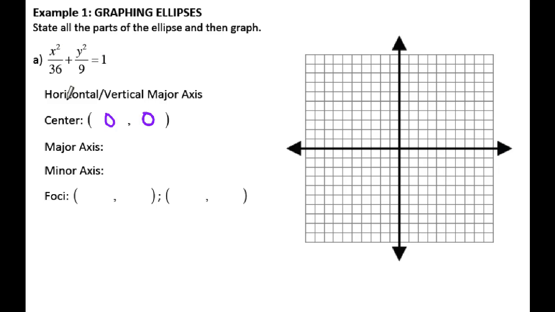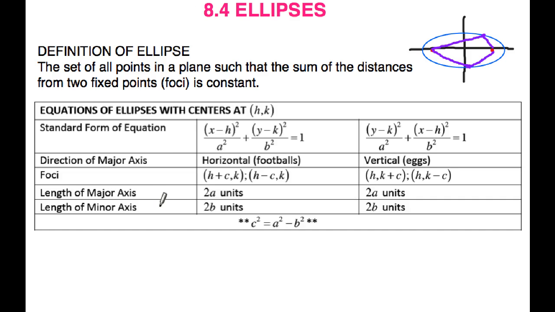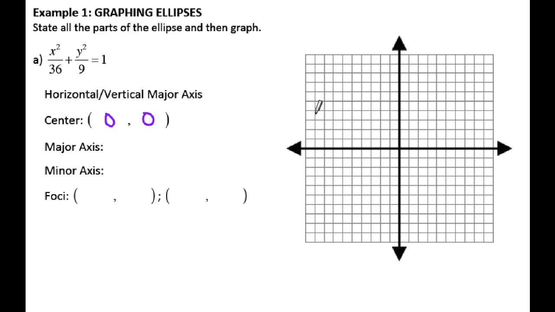To figure out if you have a horizontal or a vertical major axis, you're looking at what's underneath the fractions. Underneath my x is a 36, underneath my y is a 9. If you look back at your original standard form equations, we have a squared and b squared. A squared is always the bigger number. So in this case, a squared is 36, b squared is 9.